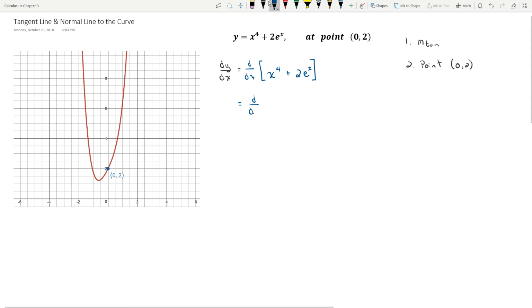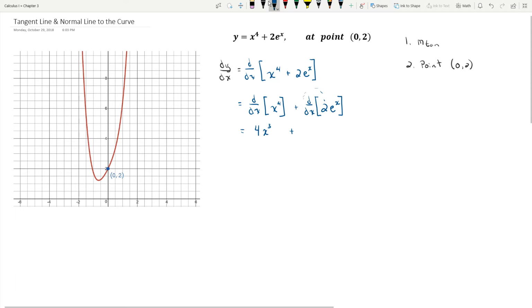We're going to use the sum rule. So we will have x to the fourth plus, we'll take the derivative separately, of a constant times, well, e is a number, to x. And first, x to the fourth, that's going to be 4 times x to the fourth minus 1. And for this other one, we'll go ahead and just separate this out.